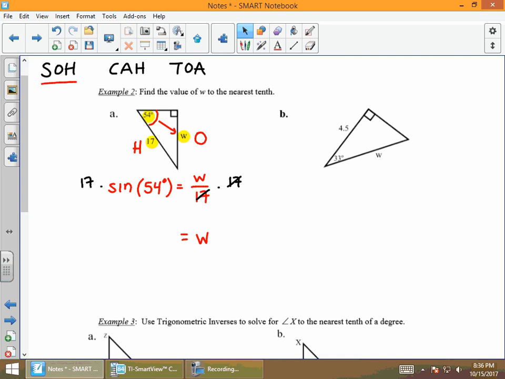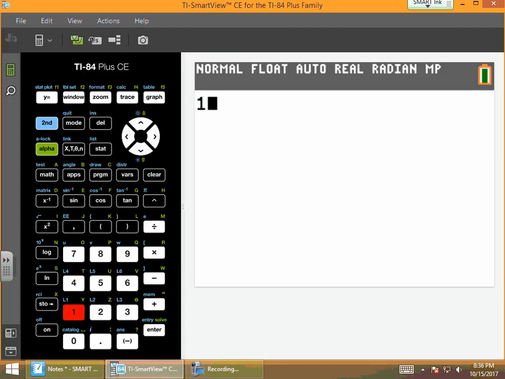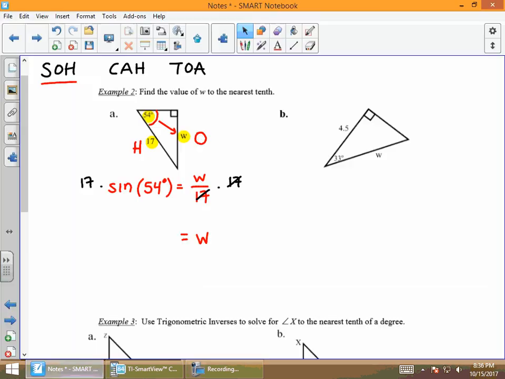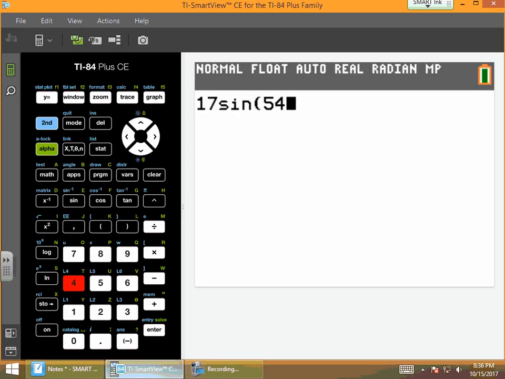Well, the good news is your calculator will do this. So let me jump over here. 17 times, here's the sine, S-I-N, of 54 degrees. Check that. 54 degrees. All right, now, before I do anything else, I do need to make sure that my calculator is set up into degree mode, since that 54 is a measurement in degrees.